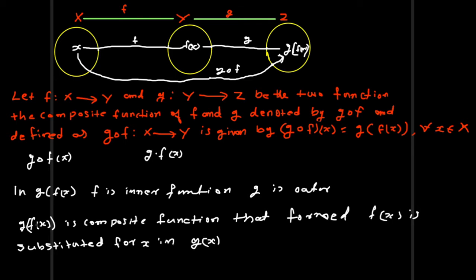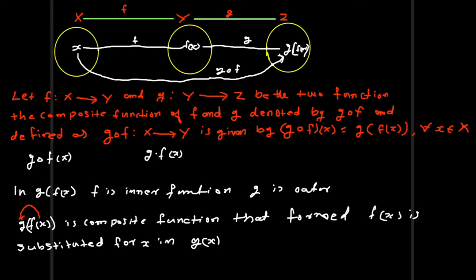So how is the composite function g of f formed? The inner function f of x is substituted for x in g of x, and we will get the composite function.